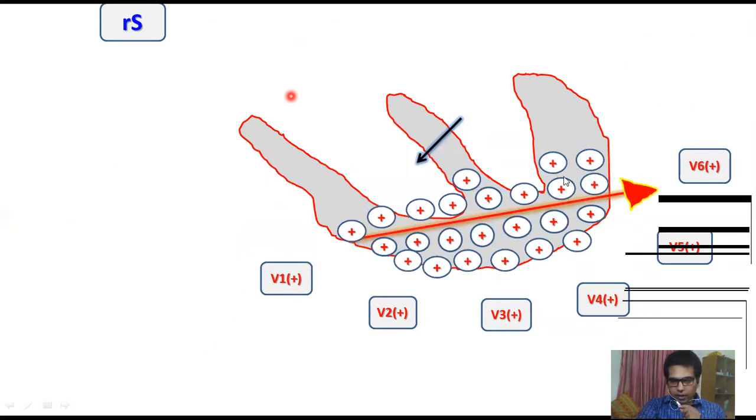Then the major ventricular depolarization actually moves from the right side to the left side. So this is the vector produced by major ventricular depolarization, and it is pointed towards V5 and V6, and this vector is moving away from the V1 and V2 leads.